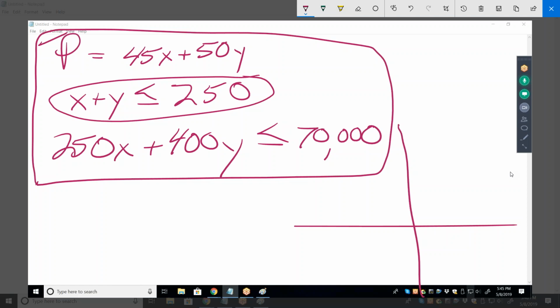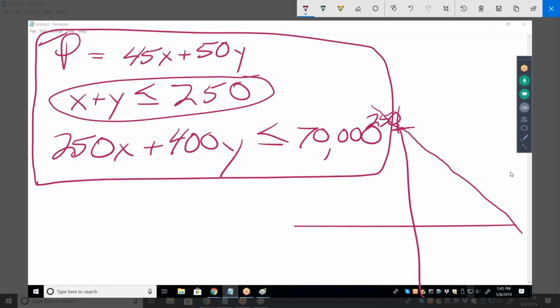Well, that's a slope of negative 1 that goes through the y-intercept of 250. In other words, that's 250 right there on the y-axis. That is x plus y is less than or equal to 250, and I'm going to shade the lower left part of that because it has to be less than that.